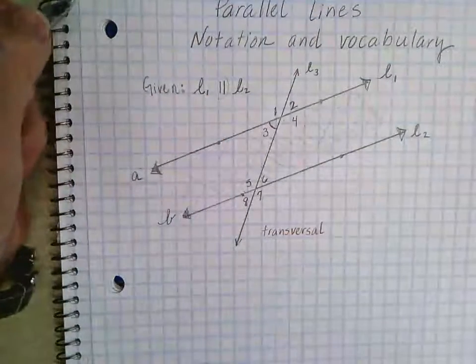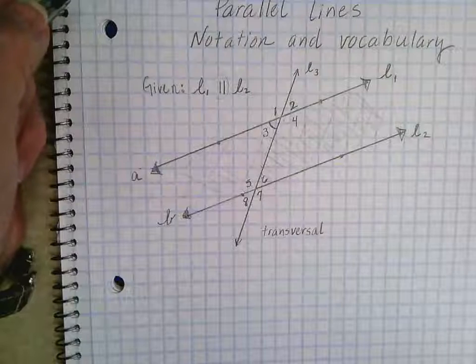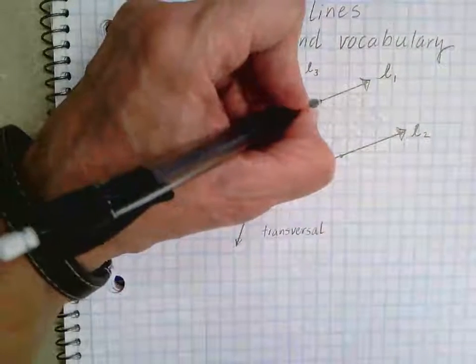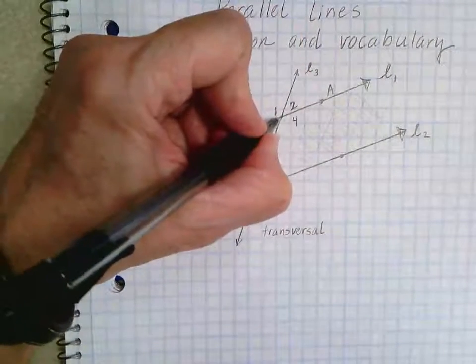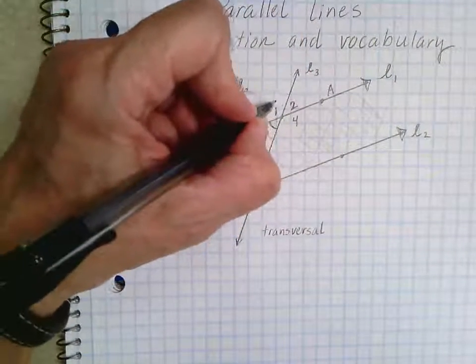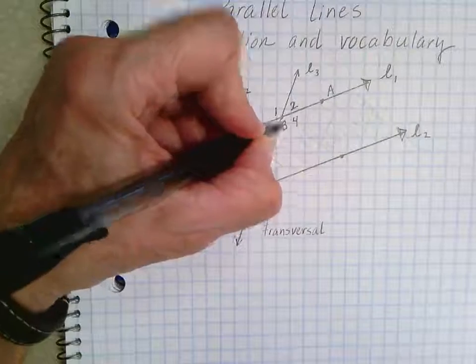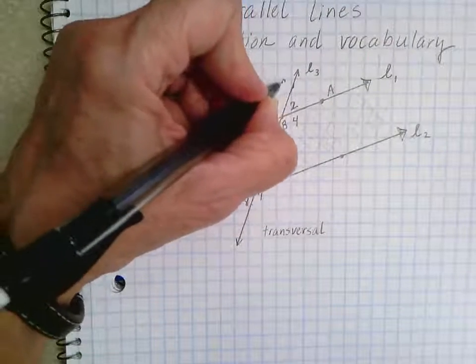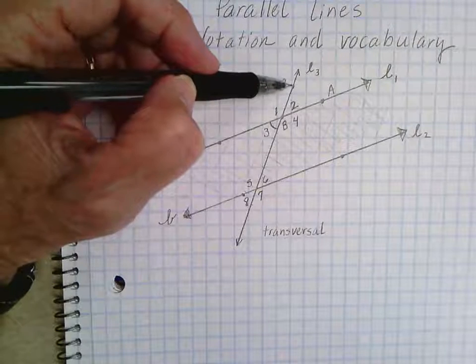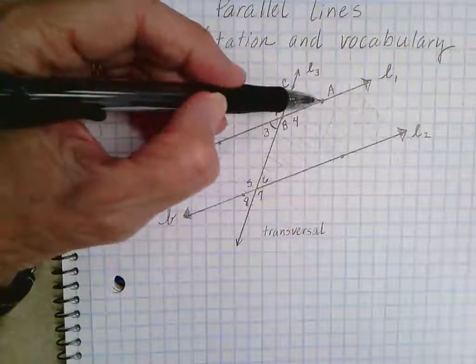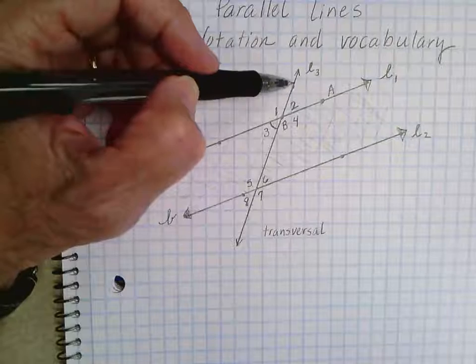You can also name an angle by any 3 points. So if this was A and this point here was B and this point here was C, I could call this angle 2 angle CBA or angle ABC.